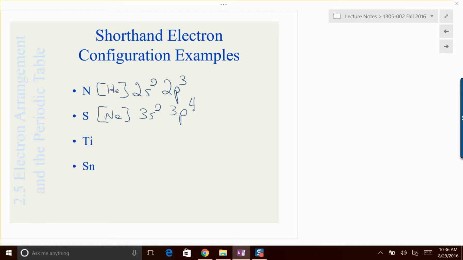Okay? Titanium. Argon. 4s2. 3d2. Titanium, number 22, is in the second position of the 3d. Okay? Tin, Sn. Tin.